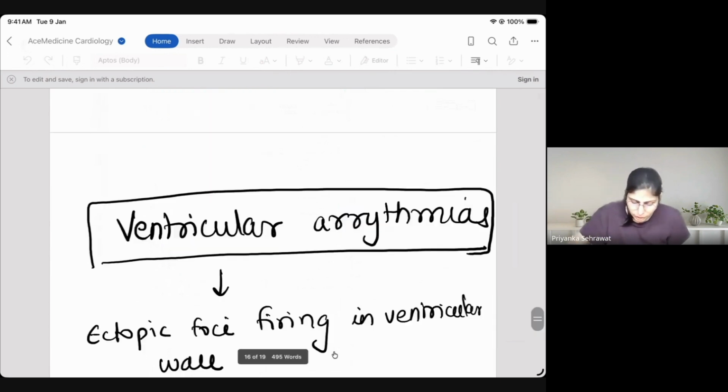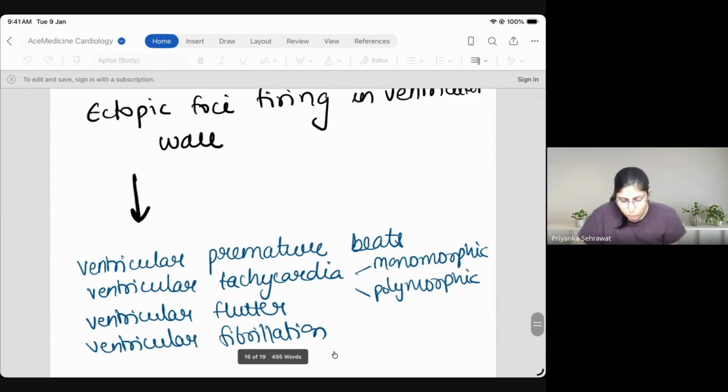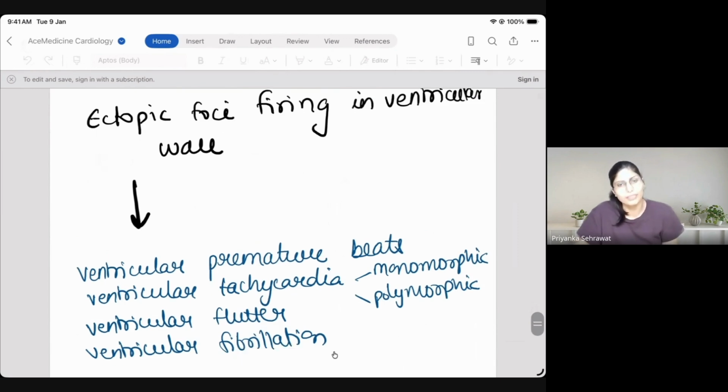Okay. Now, what happens if the ectopic foci are present in the ventricular muscles or ventricular wall? Do you want me to cover the ventricular arrhythmias tomorrow? If this is too much for you, let me know. We can start with ventricular arrhythmias tomorrow, and then we can move on to our ECG atlas.